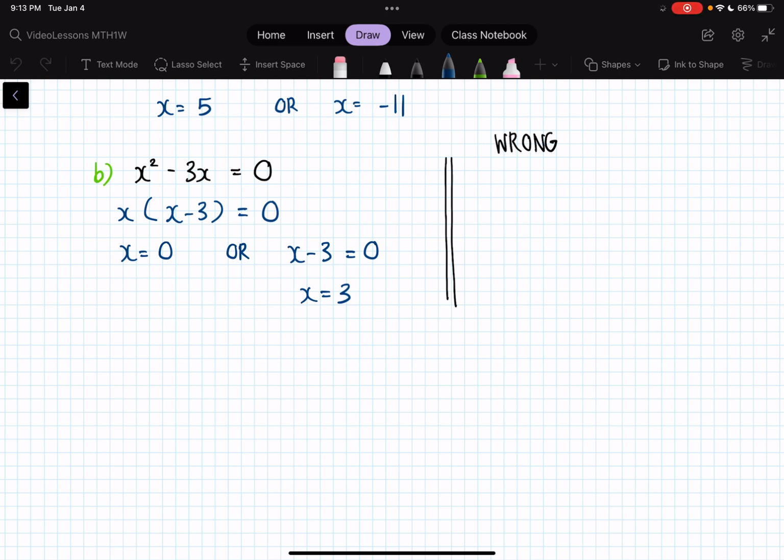Students will say, I'm going to divide by x, and I'm going to get x equals 3. So if you look here, we have x equals 3, which is one of the solutions, but you're missing x equals 0. You've lost a solution when you divide, okay?